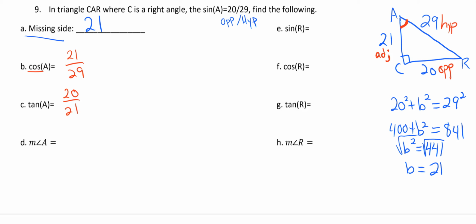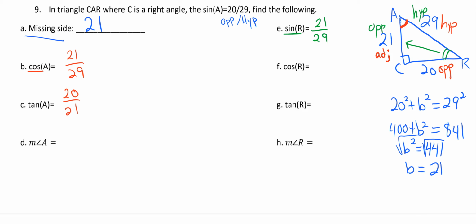And then we'll come back for the measure of angle A. Let's jump over to the sine of R. So now we're looking at this angle R. For sine, we want the opposite of R. And if you look, 21 is the opposite of R over the hypotenuse, which still is going to be 29. So we get 21 over 29.